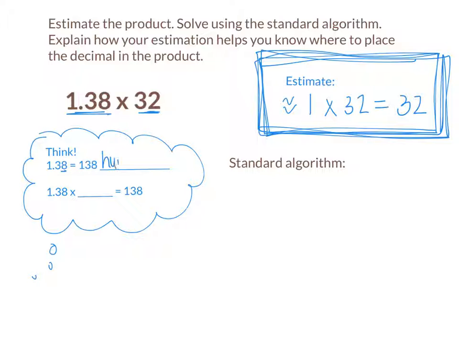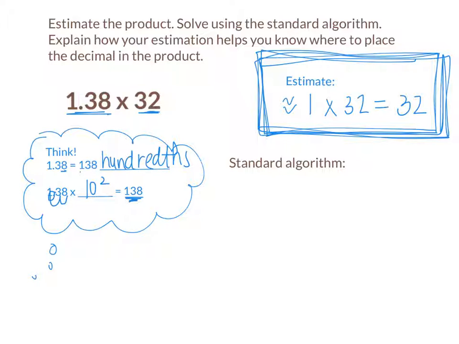Go ahead and write that down in your notebook. What if I want to change 1.38 to 138? Can I just erase the decimal point? No. How is the decimal point moving? It's actually moving 2 spots to the right, isn't it? So that's the same as multiplying by 100, or 10 to the power of 2.